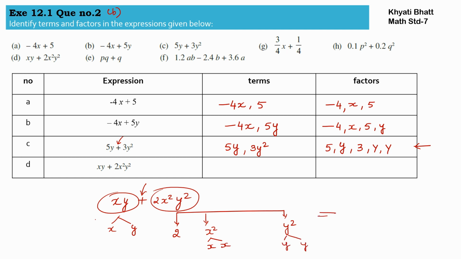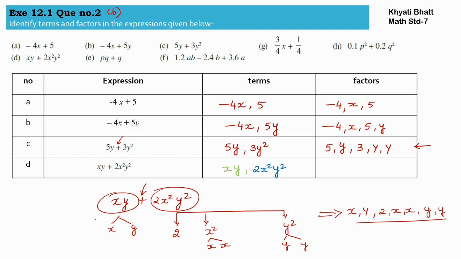So the total factors from this term: first x, then y, then comes 2, then x, then x, then y, then y. So these are the factors of the terms xy, and then 2x square and y square.